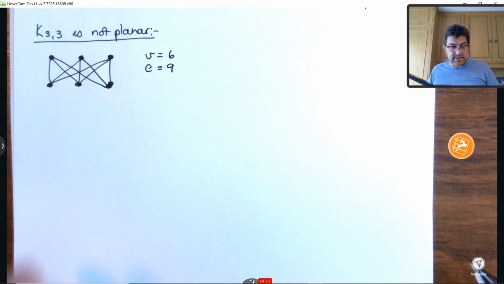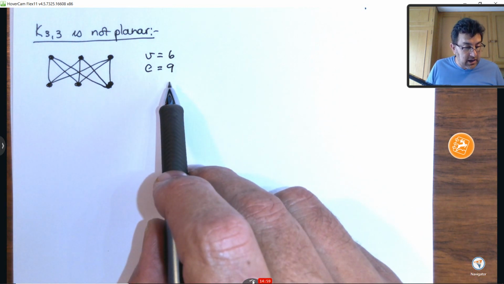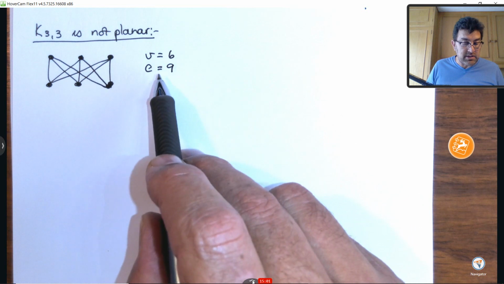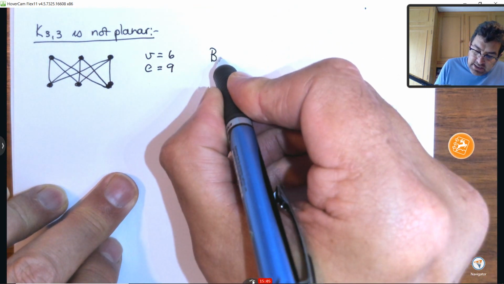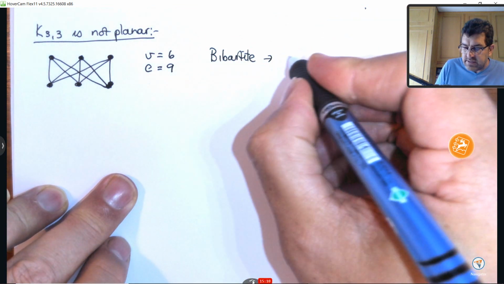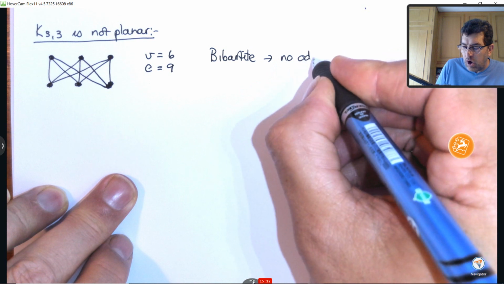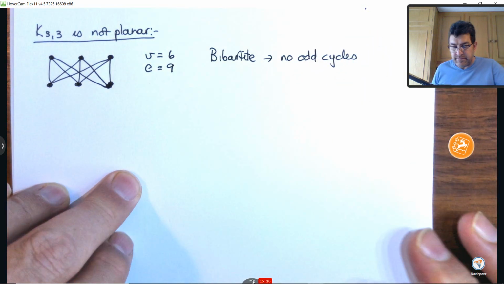So we need to look at that and see what it means. There's 6 vertices, 9 edges, and it's a bipartite graph. So there are no odd cycles. It's bipartite, which means there are no odd cycles in this graph.